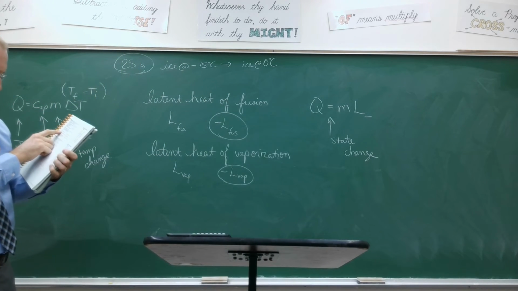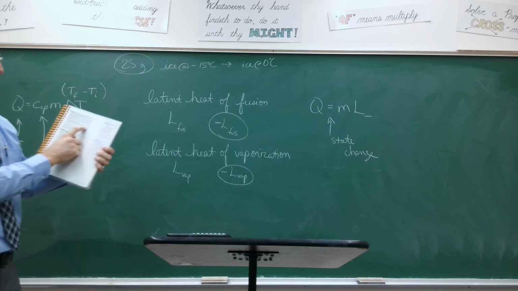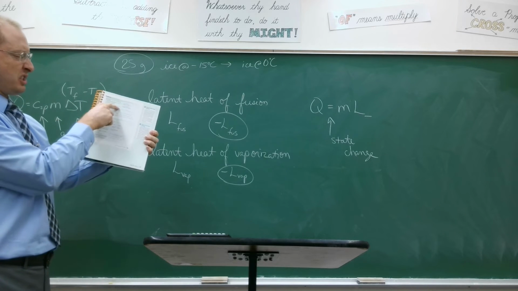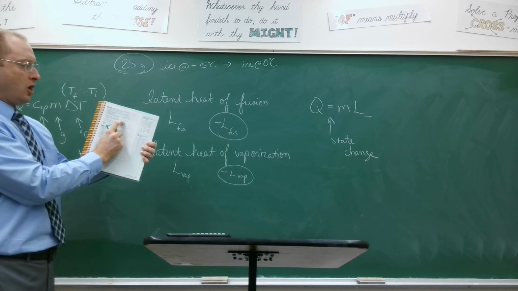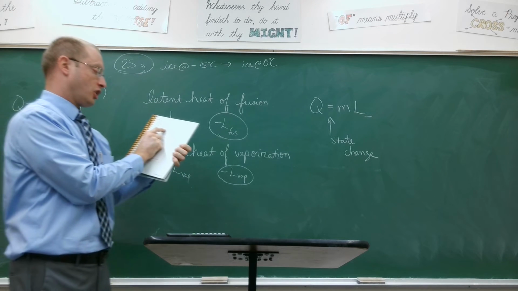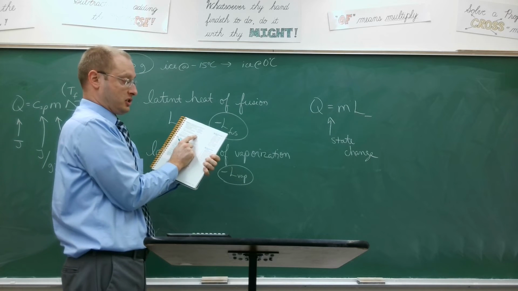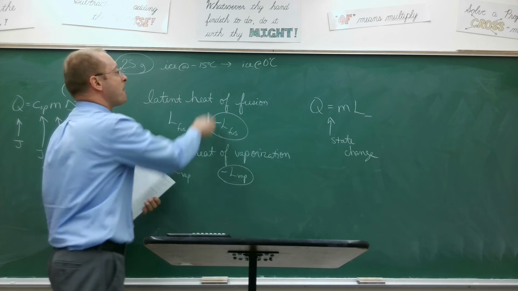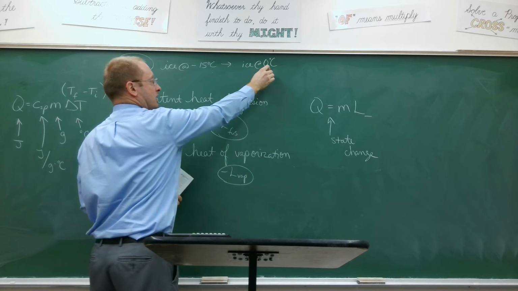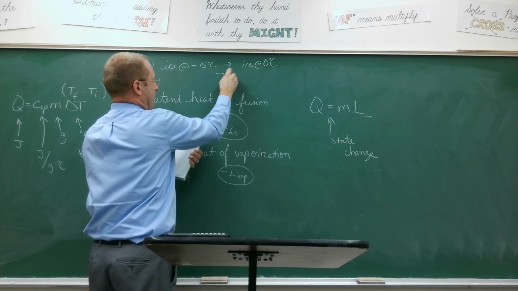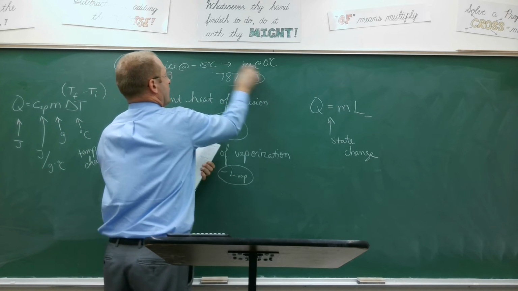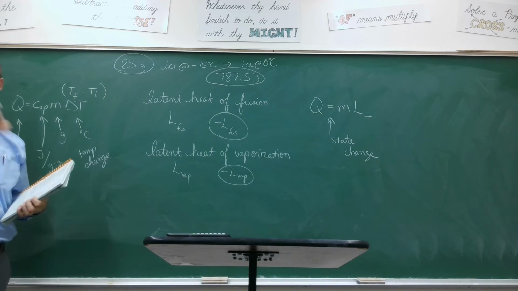It shows that the specific heat of ice is 2.10 joules per gram times degrees Celsius. 25 grams, and we need to bump the temperature up 15 degrees. And we found that to do that, it was 787.5 joules of heat to get it to the melting point.